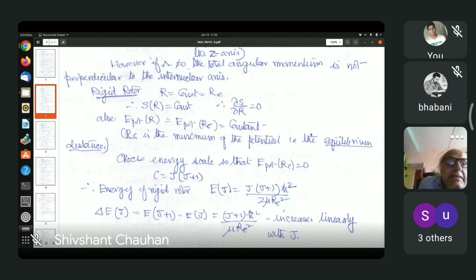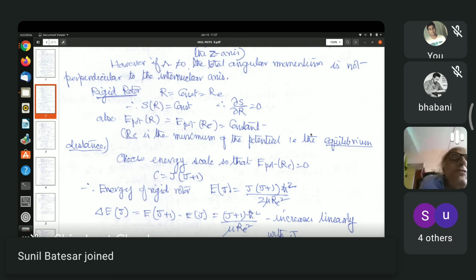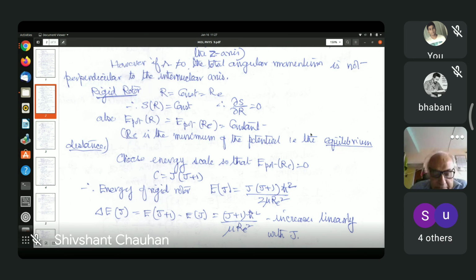J will be different integers. So what can be the values of J? 0, 1, 2, and so on. So if we can see the radiation which is emitted when a molecule is de-excited from a J+1 state to a J state, what is that? That is the difference between the two energies, J+1 minus J.